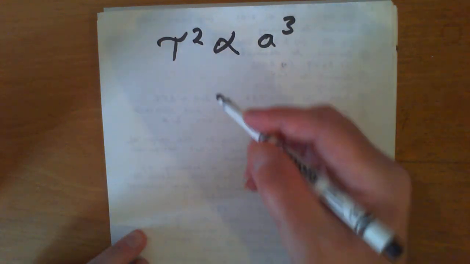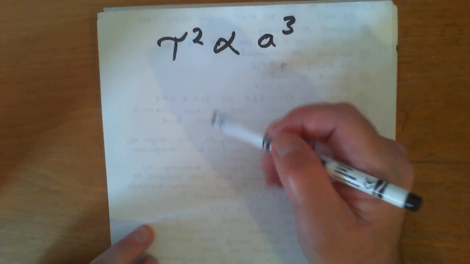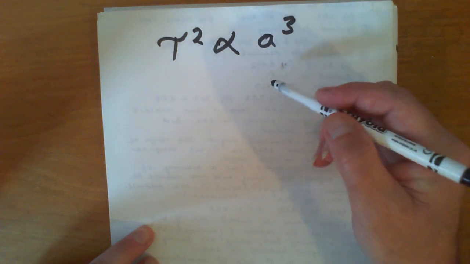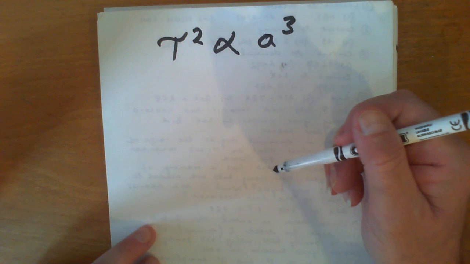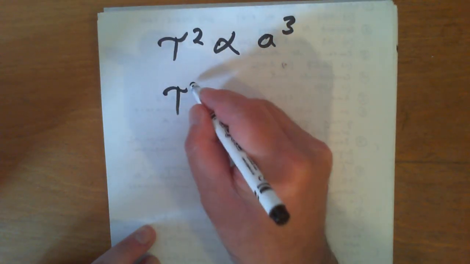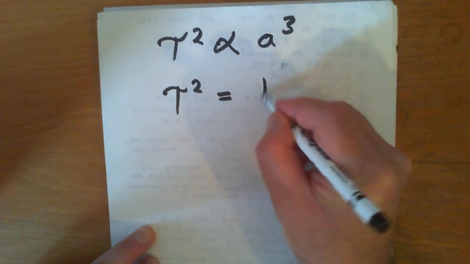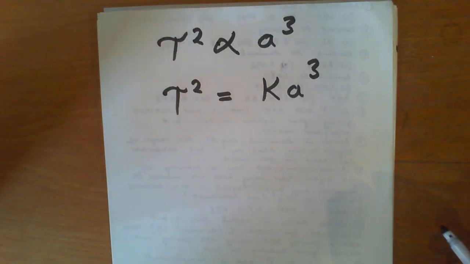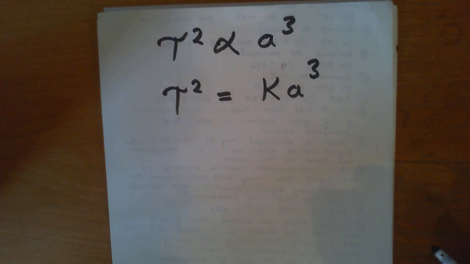Now, from GCSE mathematics itself, to convert a proportionality into an equation, you convert it to an equal sign and then multiply by a constant. So as an equation, that would become T squared equals K A cubed, where K is a constant.